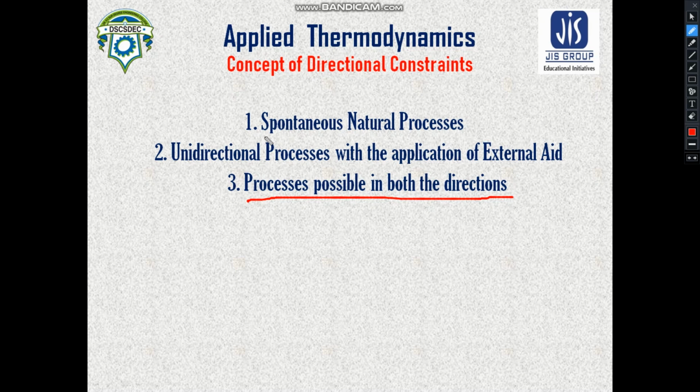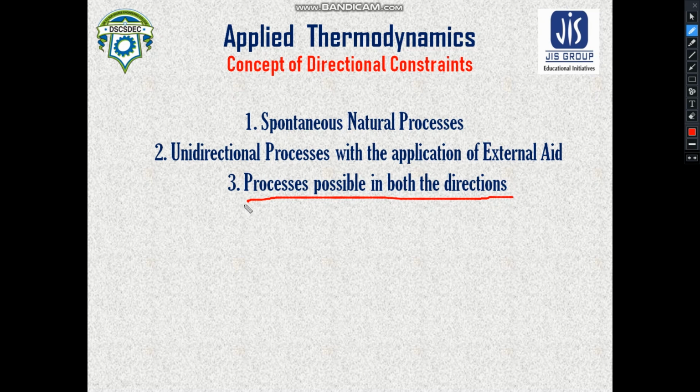These spontaneous processes can also be reversed, but if you want to reverse them, then you need to apply some external force. Now here you will see there are some natural processes which can occur in both the possible directions. But in that case, though the system is reaching its initial state, the surroundings is not.